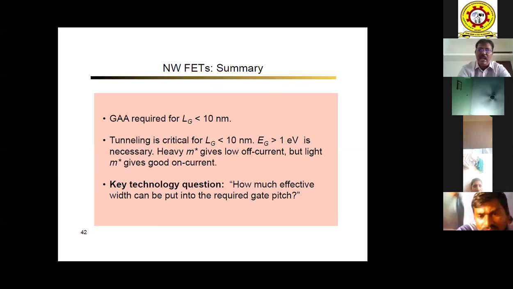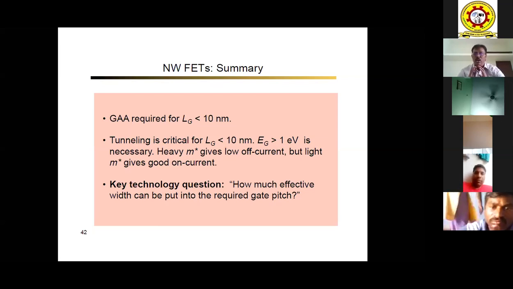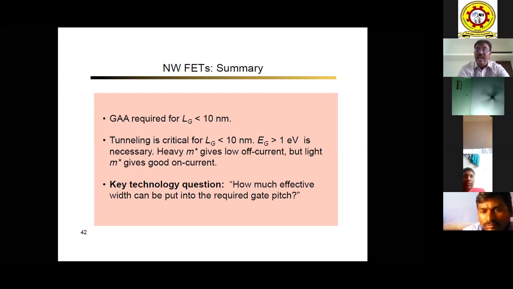So electrons are moving in a near ballistic movement. To control that movement, you must have a thoroughly controlled gate wrapped throughout the tube. How much effective width can be put into the required gate pitch? These are all the considerations when you are looking into this area.